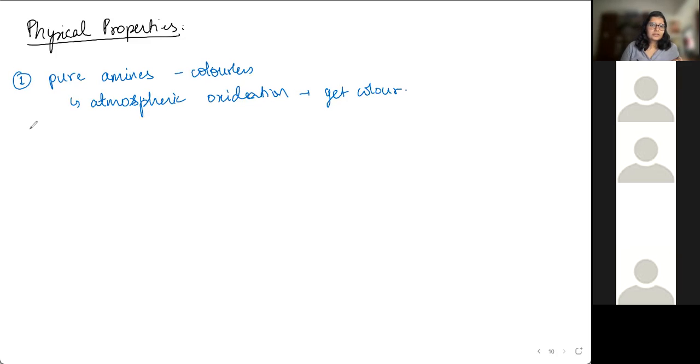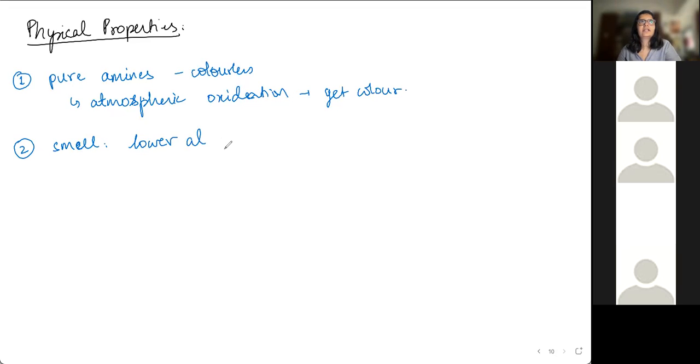Okay. Next, smell. Amines are not odorless. The smaller amines, the lower aliphatic amines, just like what we saw with aldehydes, are more volatile and have a slightly pungent smell.